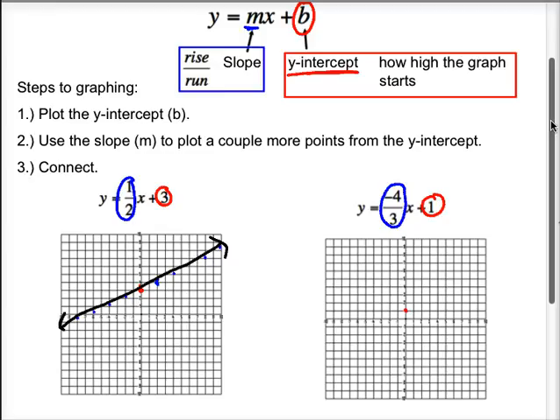So down 4, 1, 2, 3, 4, over 3, puts me right there. Down 4, over 3. And again, you can always go in reverse, because the more points you have, the more accurate of a line you will get. Once you have the points, connect them up to get your line.